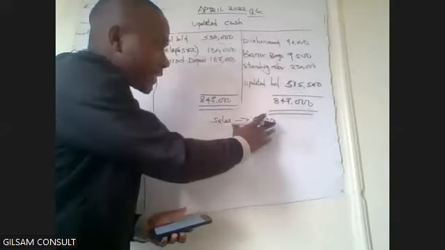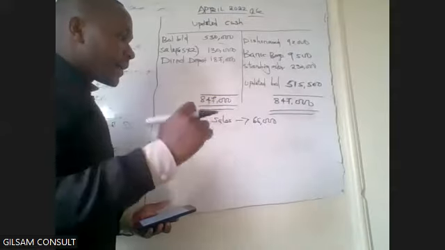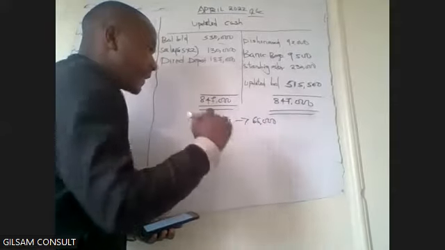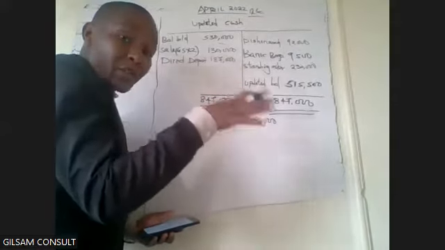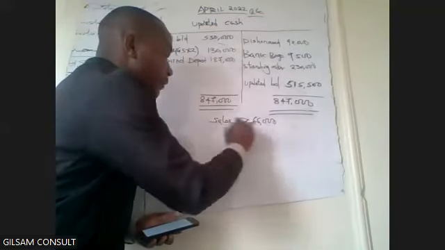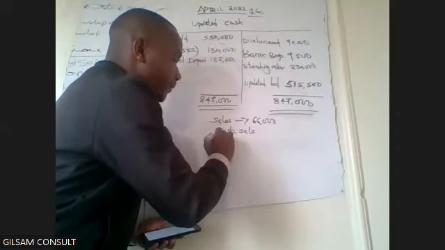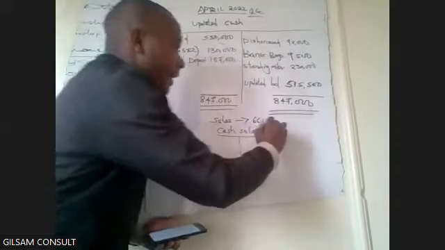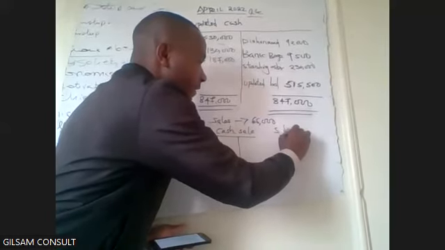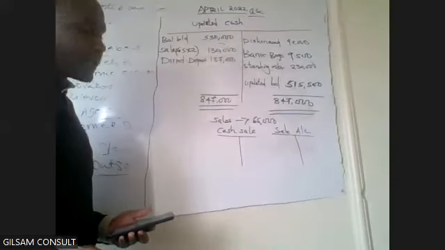How do you record these sales? Let me record them the way it should be, before we look at how this person recorded it. You will have two accounts, the cash account and the sales account.